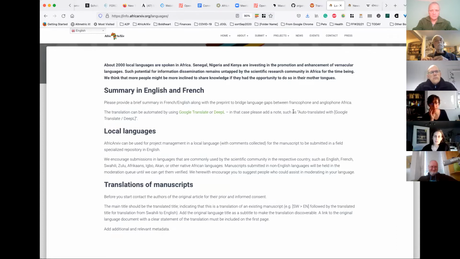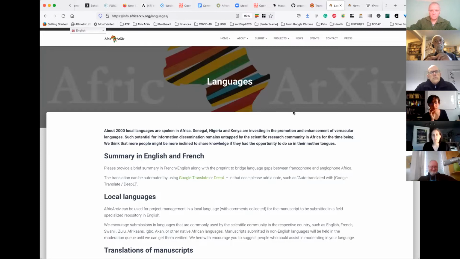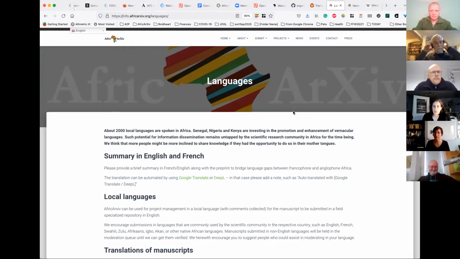As Africa Archive, in providing the preprint and dataset repository or several systems thereof, we want to enable mutual learning for African and non-African scholars to improve on this information, also in terms of language diversity and science, and to enable African scholars to conduct research in their mother tongues, in their local languages, to, as Jade also pointed out, empower African scholars to claim ownership of their cultural heritages through language, which is enshrined in indigenous languages.